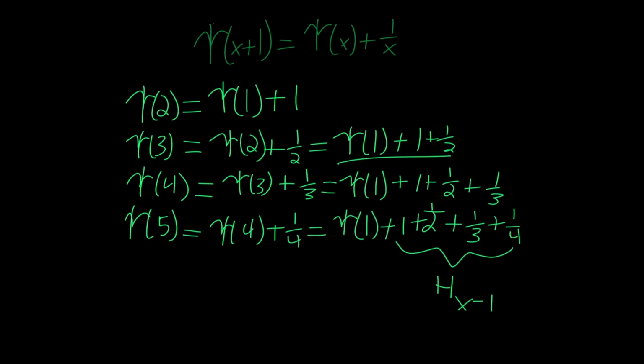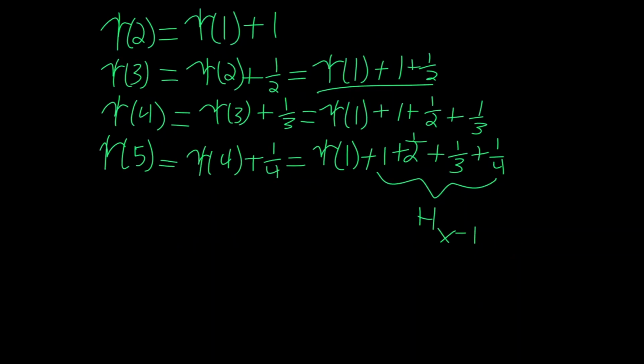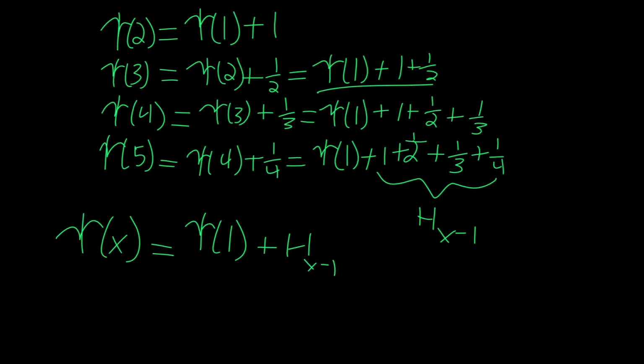Whereas if we plug in 3, we have 1 plus 1/2, and that's just the second harmonic number. So one way we can represent this is to say that digamma of x is equal to digamma of 1 plus the x minus 1th harmonic number.